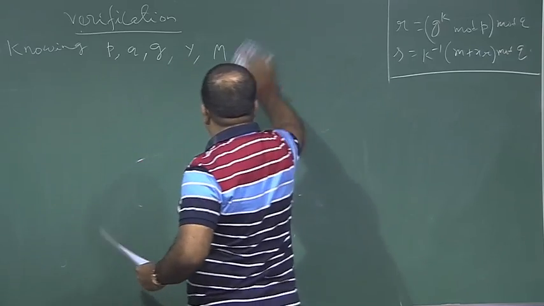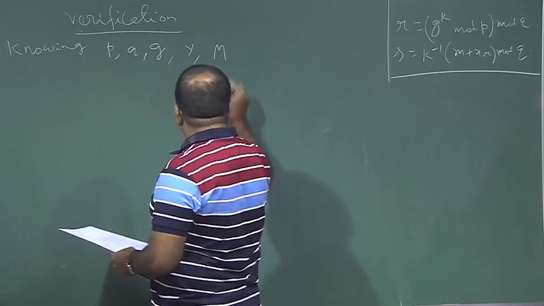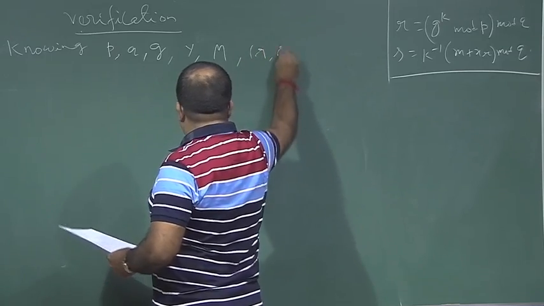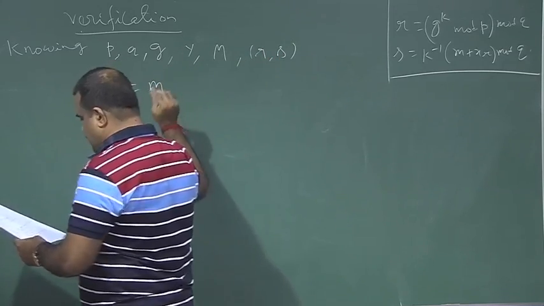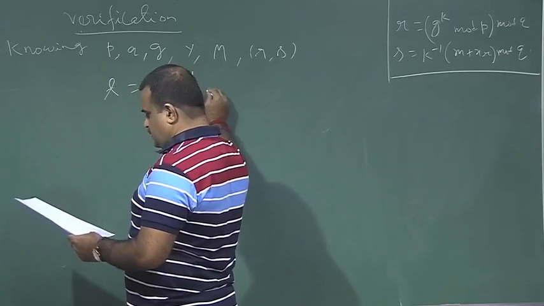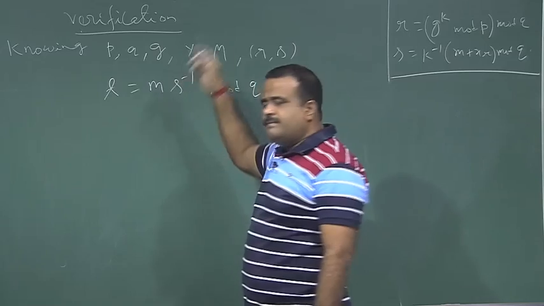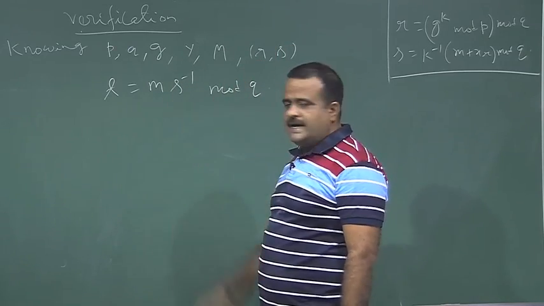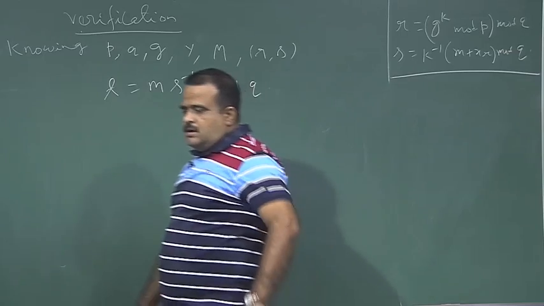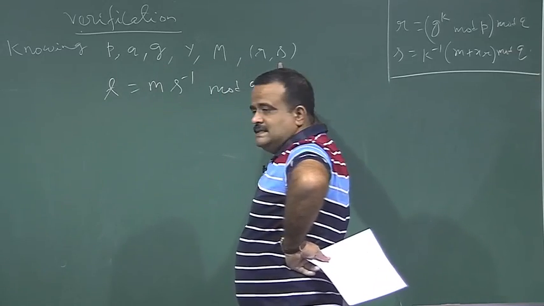R and S. So Bob will compute this T, which is basically m S inverse mod Q. Bob can compute this because m is basically H of capital M, and the hash function is public. So Bob can easily get this, and S is coming from Alice's signature.